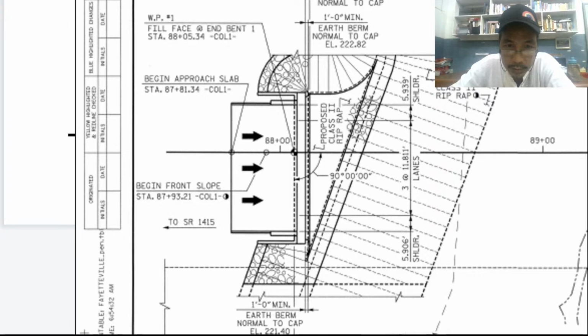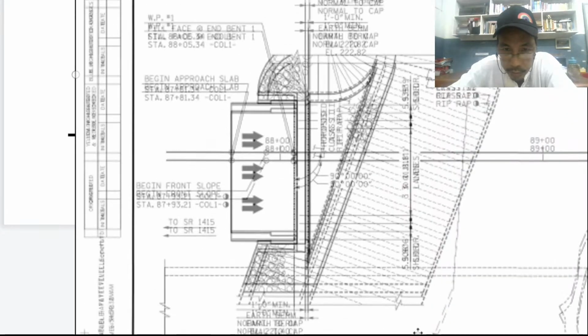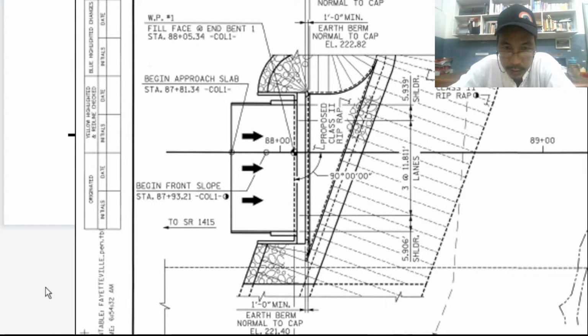So just below that, just below the square box, we have what? We have this specific. This is now the plan view. This is the plan view. Okay. So this is the plan view of what we are looking at. So we have what? Fayetteville, so meaning this is the address.